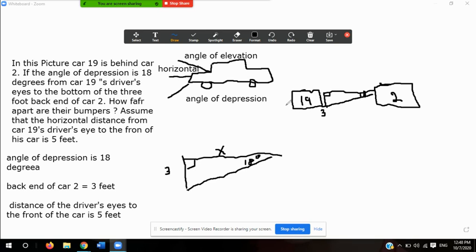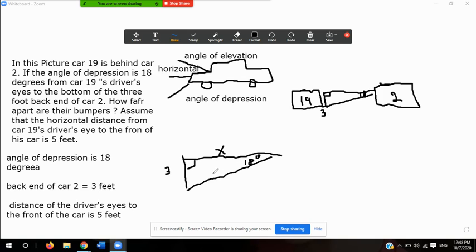What he sees straight ahead is the horizontal, which we labeled X. If I want to know the distance between the bumpers, the driver's vantage point up to the front of the car is 5 feet, and I don't know the horizontal. So I need to find the horizontal and then subtract that.